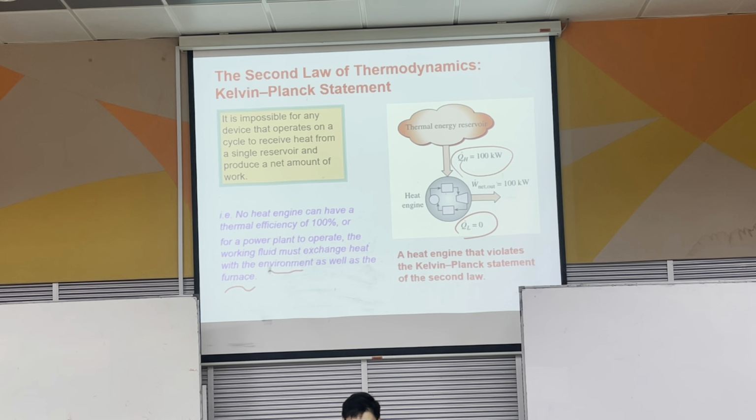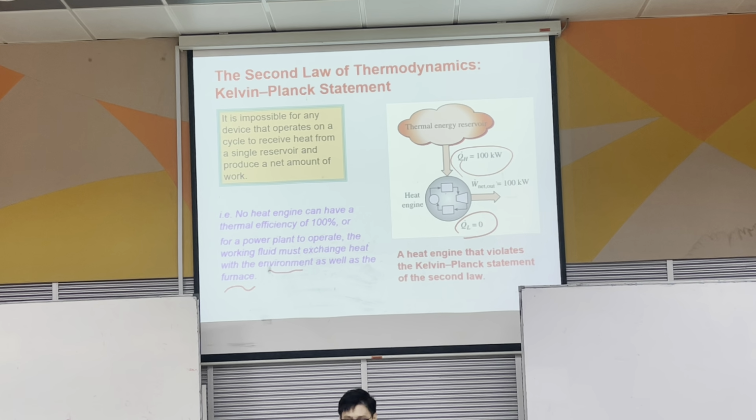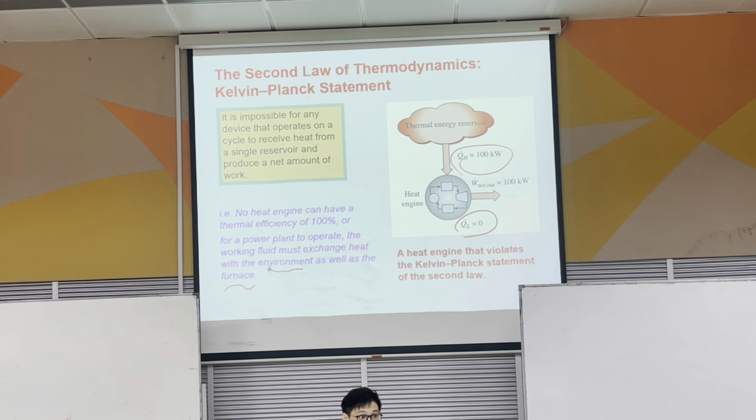Basically, you cannot completely convert heat to work. And when we say not completely heat to work, we are not talking about friction or other losses. Losses, we talk about later. Here we are purely talking about energy conversion without losses. So we are saying that this is not possible.